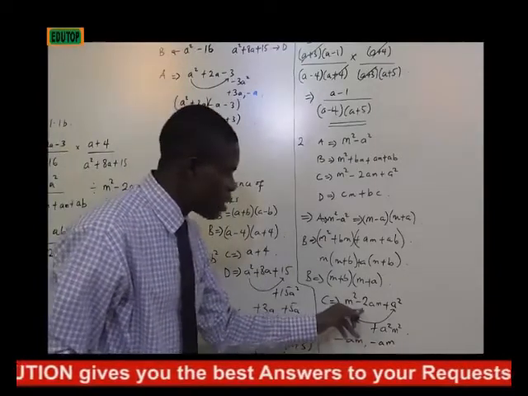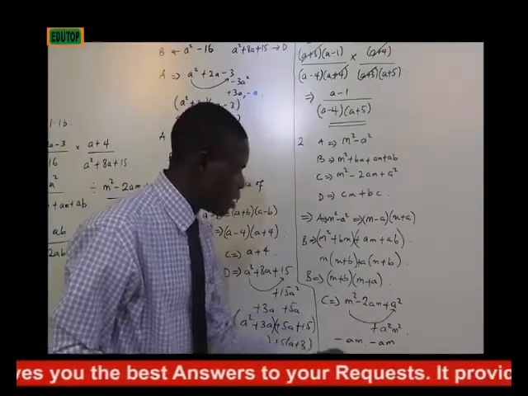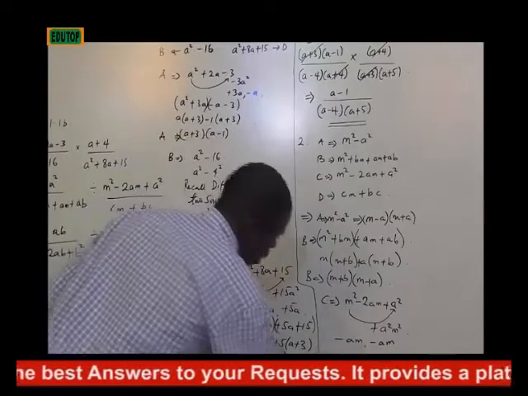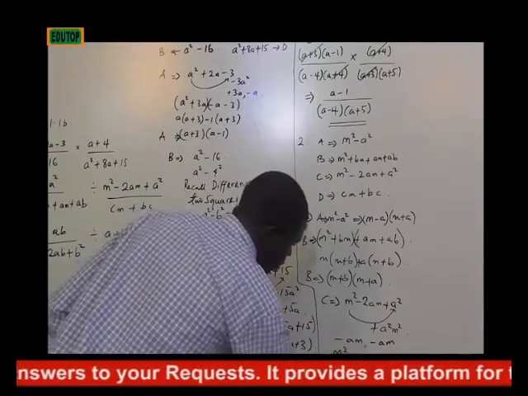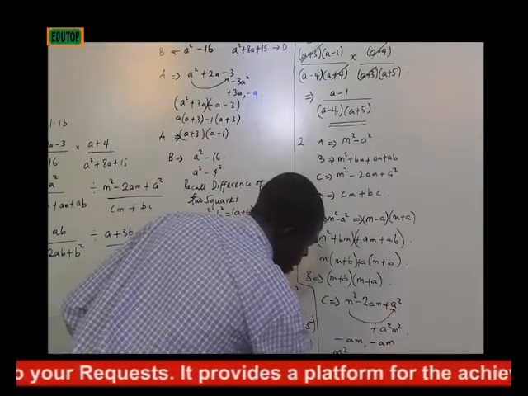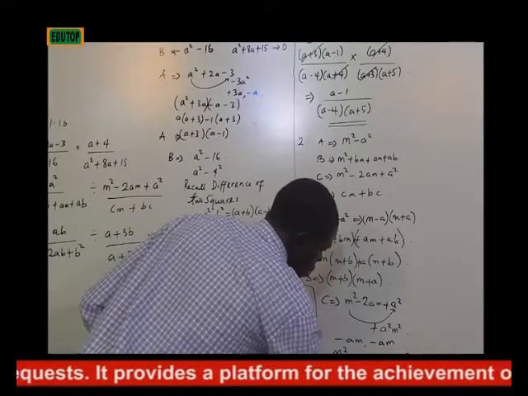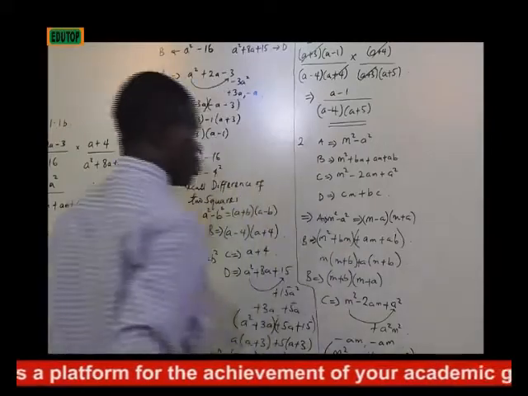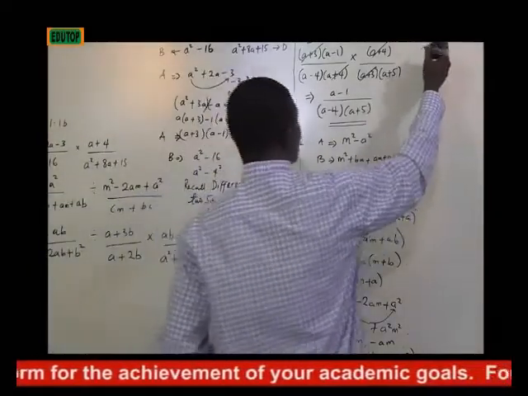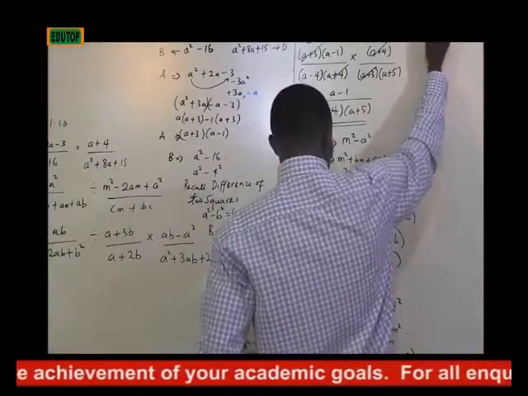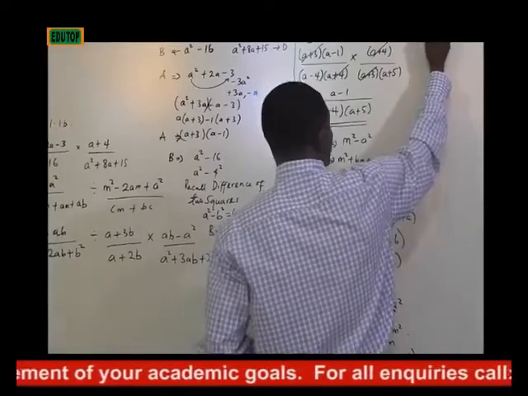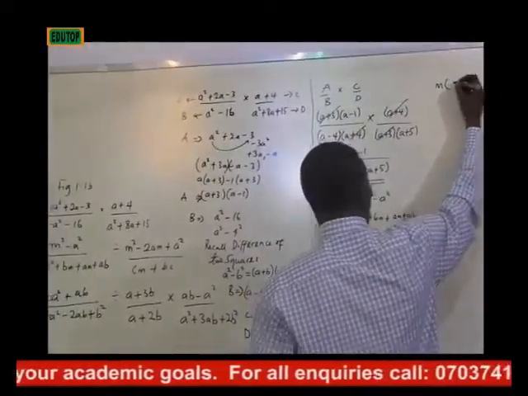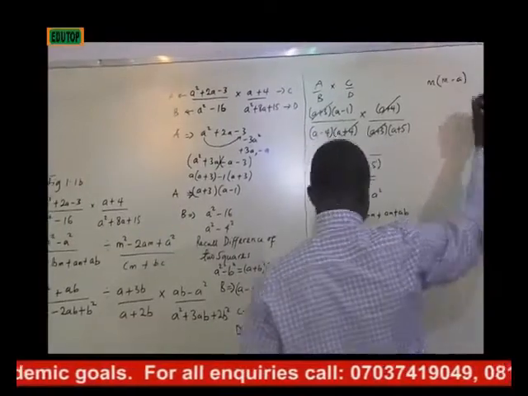Then anywhere I see my minus 2am, I will replace it with this. I have m squared minus am minus am plus a squared. So I dissect the two. M is common to this: m into m minus a.